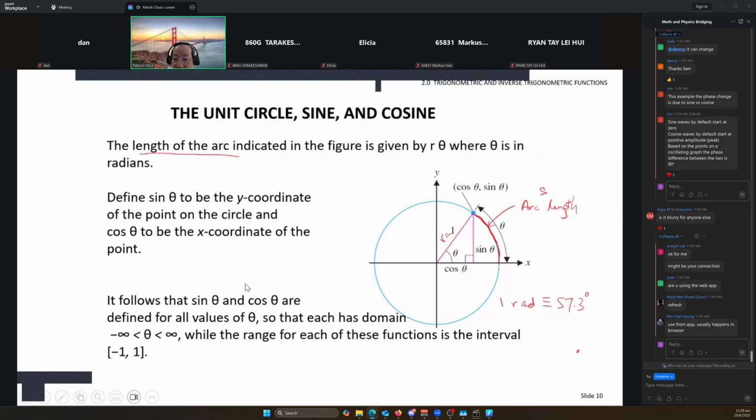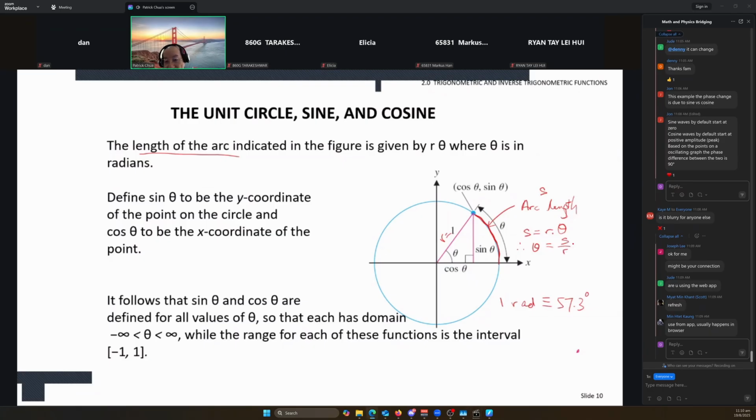Okay, the formula for arc length is S is equal to R times theta. Remember this formula? Arc length is equal to radius times theta. Okay, so therefore, theta is equal to arc length over radius.